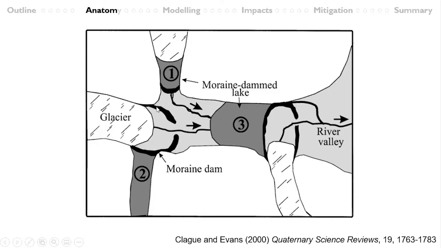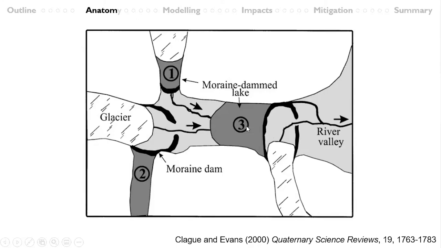So this trunk glacier again has built a terminal lateral moraine at the front, which is breached, and so the flow from this glacier isn't ponding, but what it has done is dammed a tributary valley here. So we've got a similar situation to Lake 1, but the mode of damming is slightly different, in which it's this trunk glacier which has built the moraine which has blocked this valley.